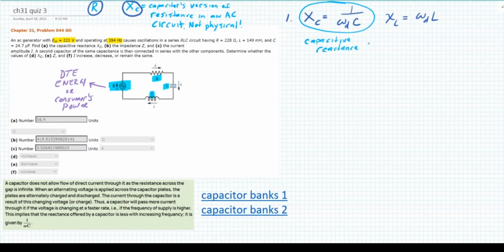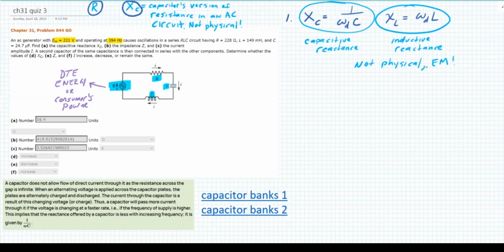Here's the inductor's version of resistance: inductive reactance. This is also not physical. This is electromagnetic. It's not a physical resistance.